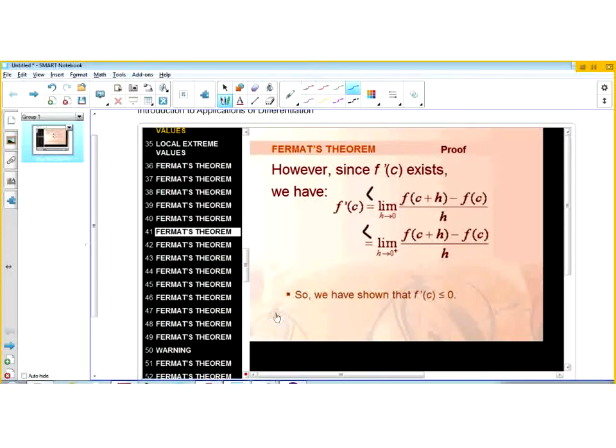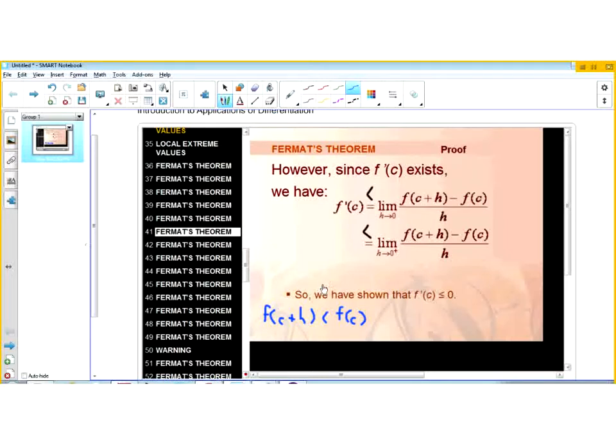So maybe I should write that down. f of c plus h is less than f of c because we consider f of c to be a local maximum. And so therefore, this quantity should be less than 0 because h is positive.